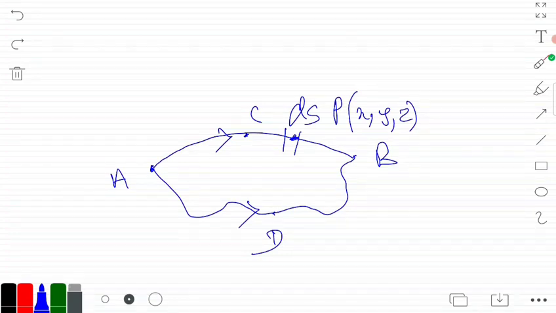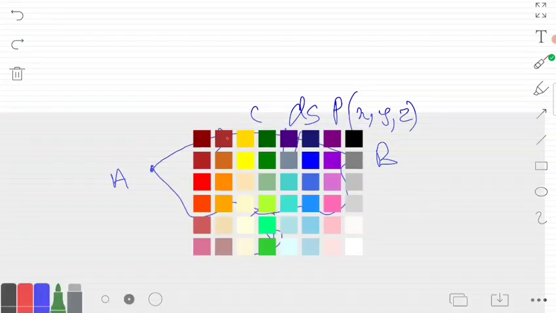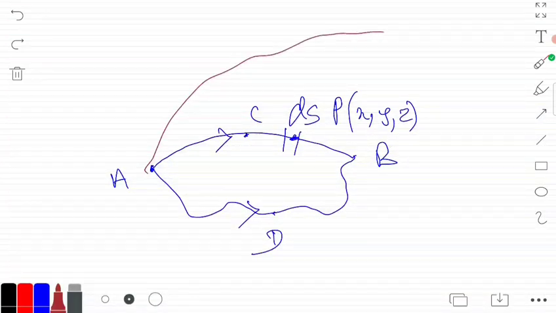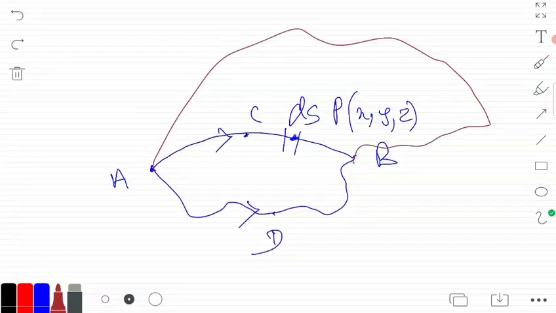Suppose there is one more path like this, passing through point E. Then your ACB path will either be always maximum.